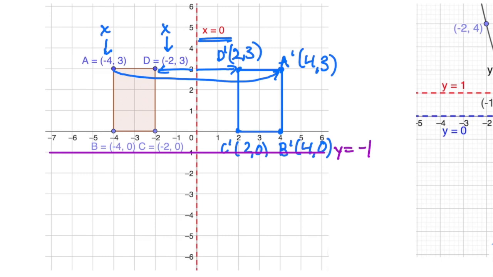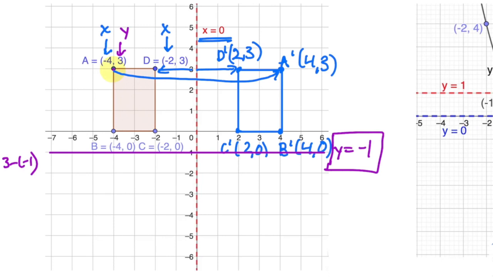Let's take, for instance, our A value. And what we're going to do with A is we have to find the difference between the y value, 3, and the line that we're reflecting it about, right? So essentially, it's going to be 3 minus -1, because I need to find the difference between 3 and -1.